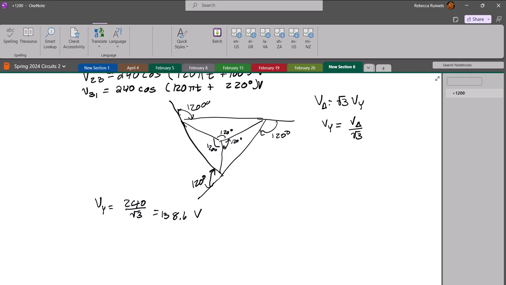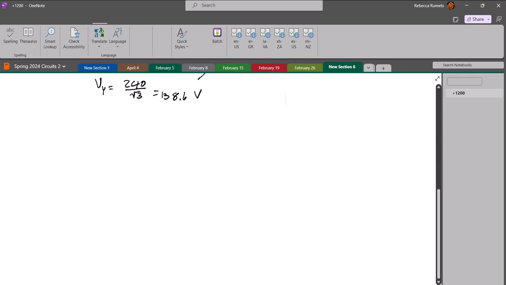So there's that. And then also, if you draw this diagram, this picture, it can help you by knowing that this angle is 30 degrees right here. I'm going to draw it again.